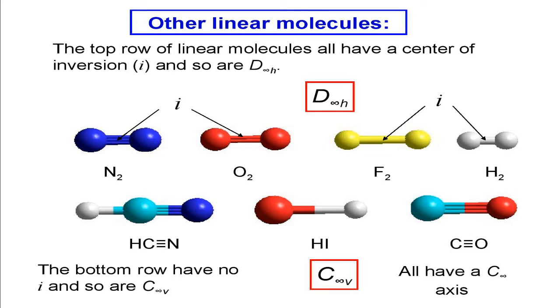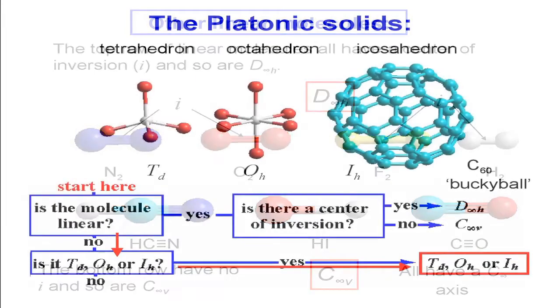These molecules do not possess I, right? Hence, the point group of the molecule is C infinity v. Now, it is very clear that we can distinguish D infinity h and C infinity v by locating the one term I.